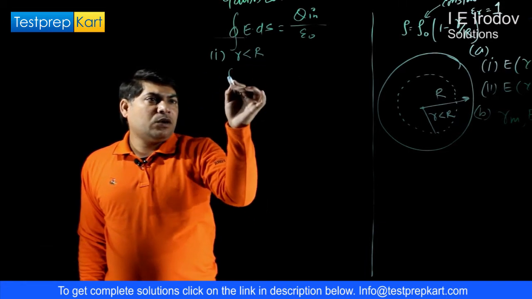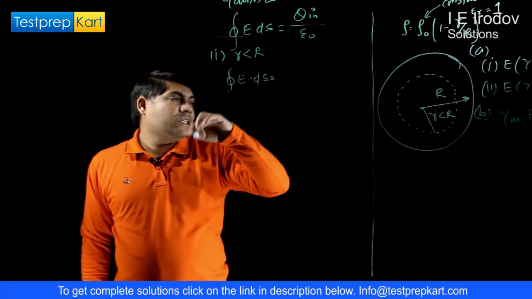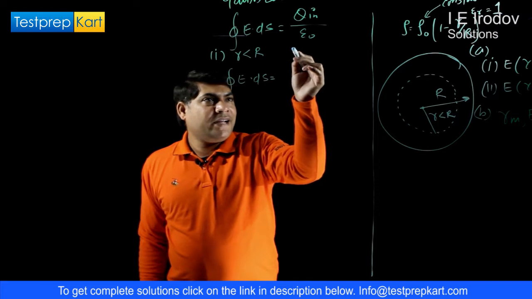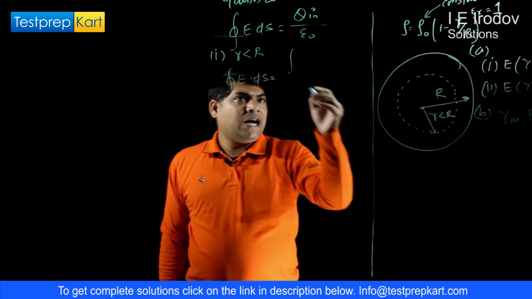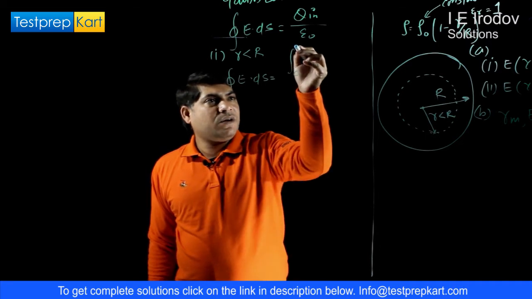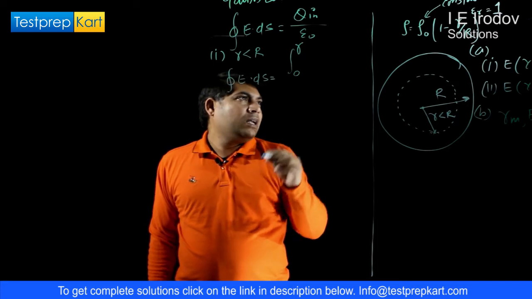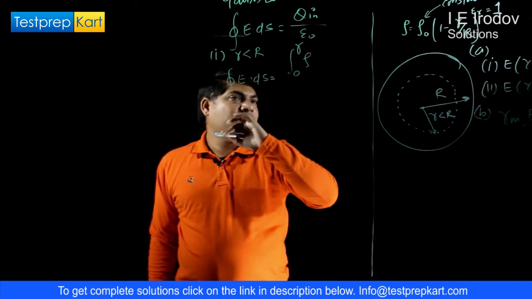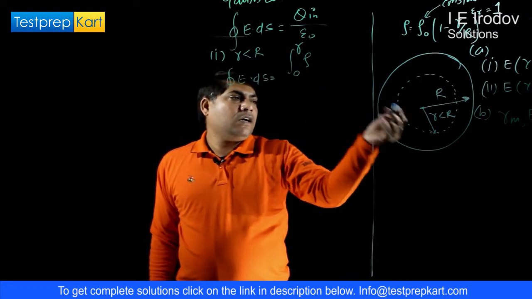So closed integral of E dot dS is equal to the charge enclosed. Now let's see how we can calculate the charge enclosed. If we take a maximum radius r, then the radius must change from 0 to r. This is volume charge density times its volume.